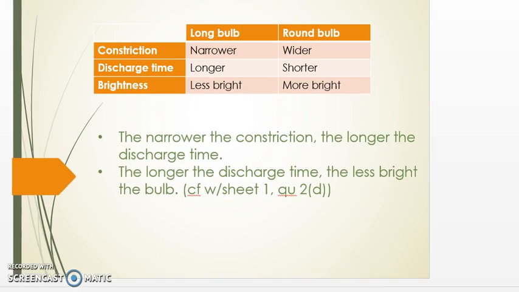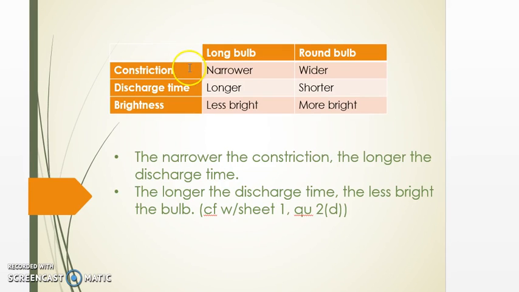So here is my summary of what's going on in the bulbs when the capacitor is discharging. Okay, so we know about the restrictions. We've determined that the long bulb has a narrower filament, so therefore there is a greater constriction in the long bulb compared to the round bulb.